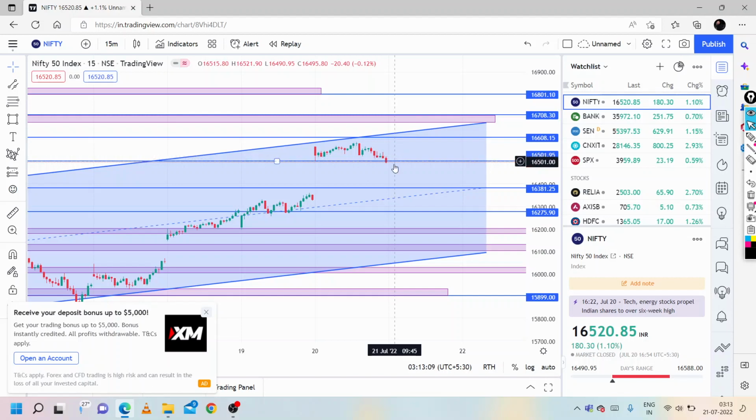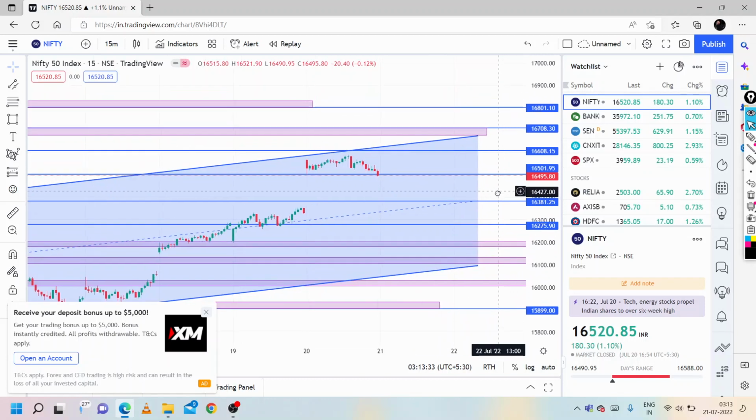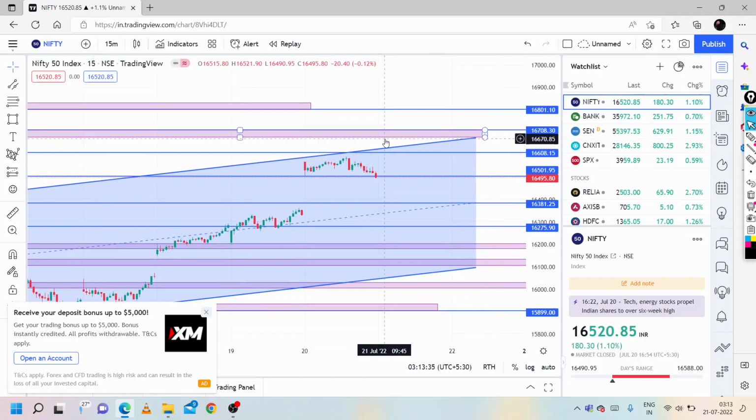Our first target will be somewhere around 16,350, which will be the gap covering that Nifty will try to do. After that, we can go for 16,300, 16,275 to be very precise, and then 16,200 will be our third target.